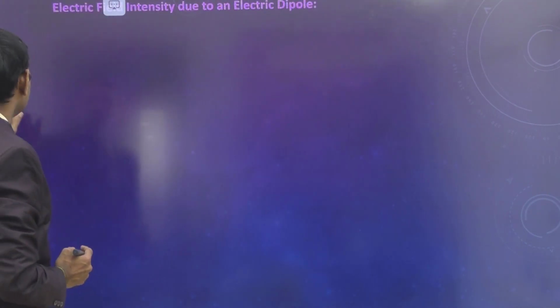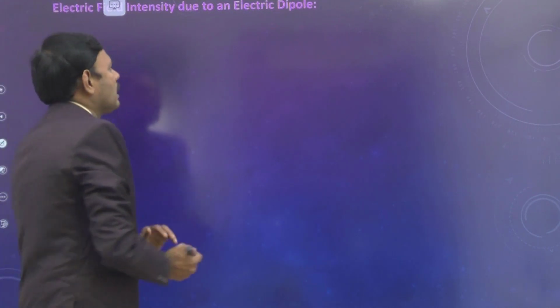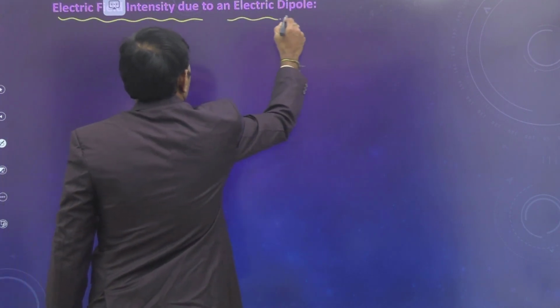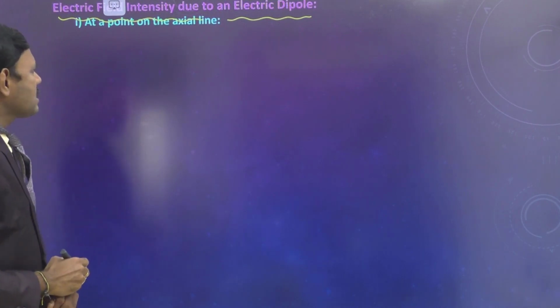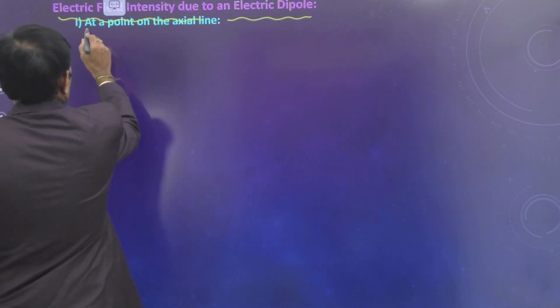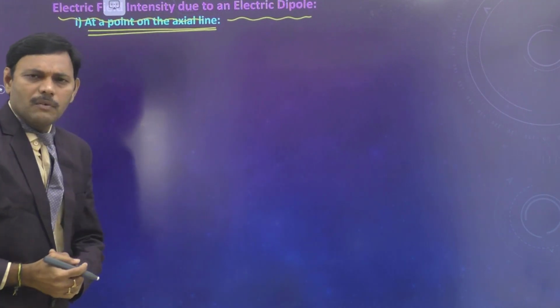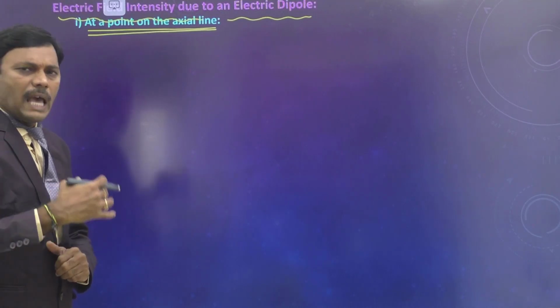So next, come to the electric field intensity due to an electric dipole at a point on the axial line. Let us first discuss what the electric field intensity due to an electric dipole on its axial line is.